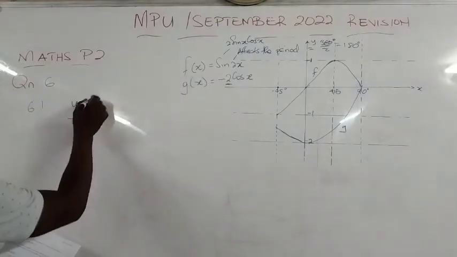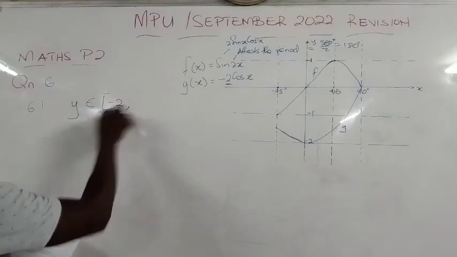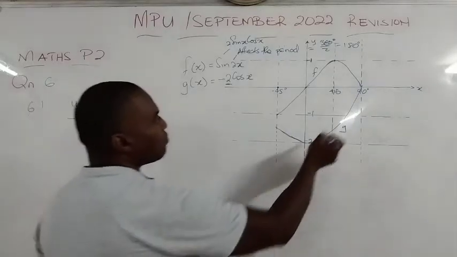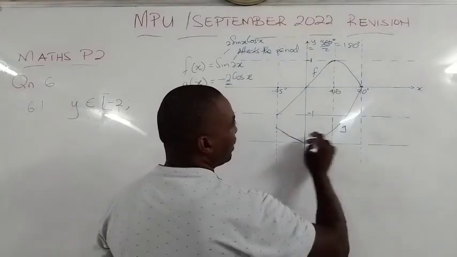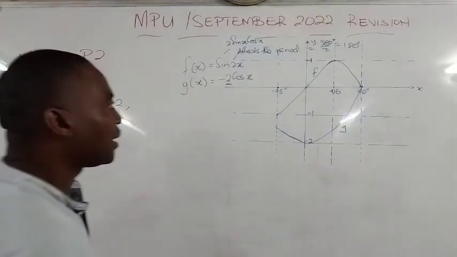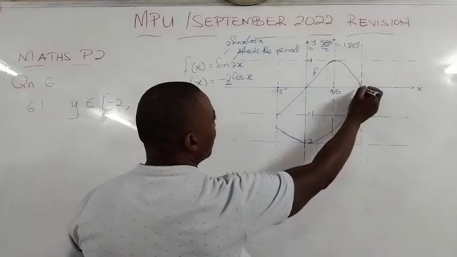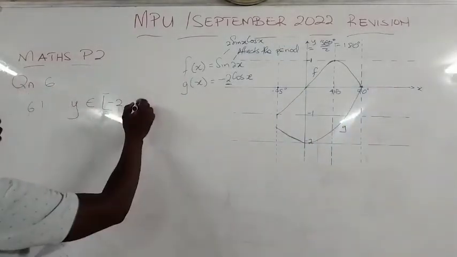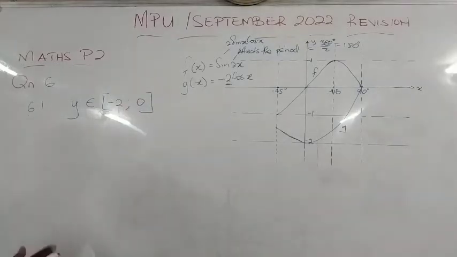So y is an element from negative 2 to the maximum value, which is the maximum point the graph reaches in that interval, which is 0. So it's from negative 2 to 0, and these are included.